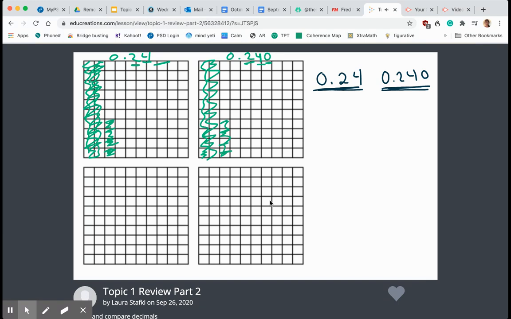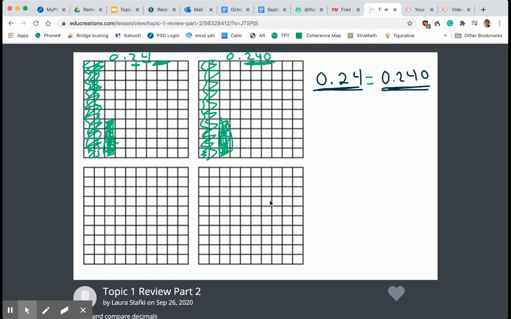Wait a second. What did you notice was the same about these two? You're right. This over here, the 24 hundredths, it's implying that there are 0 thousandths, 0 ten thousandths, 0 hundred thousandths. But right here, we wrote out the 0 to say that there are 0 thousandths. But when you look at the quantity, what each number represents, it's exactly the same amount.